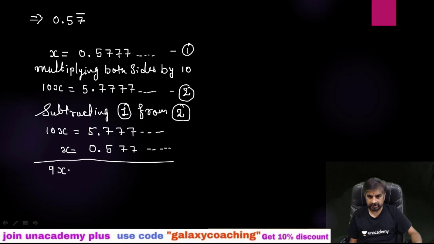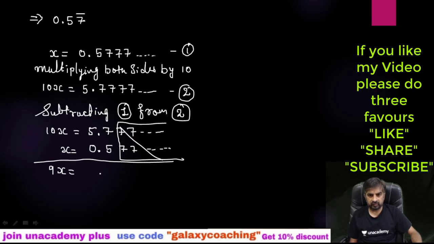So when you subtract, you need to keep in mind this will be 9x, 10x minus 1x, but here this will only get cancelled because all are equal. Here you will get 7 minus 5, 2 after the decimal, and before that 5 minus 0 will be 5. So your x will be 5.2 by 9. But you need to remove this decimal also. So this will become 52 by 90.